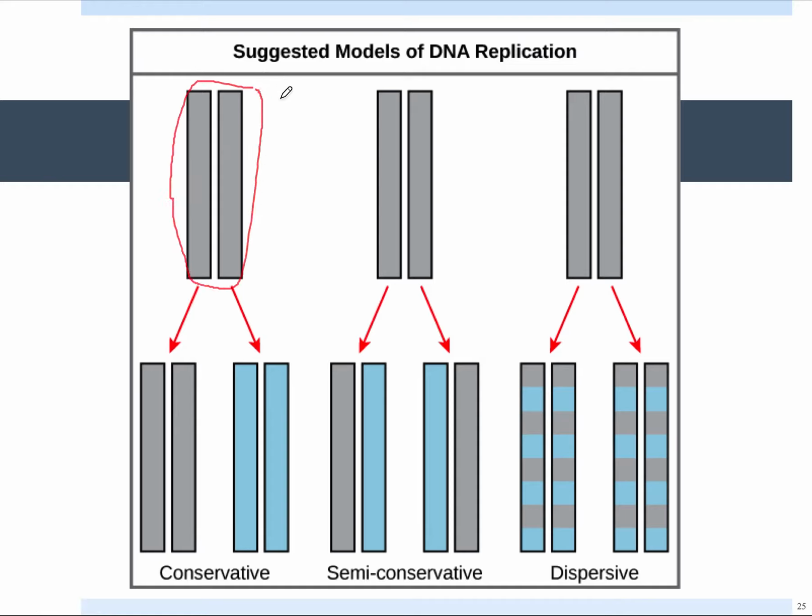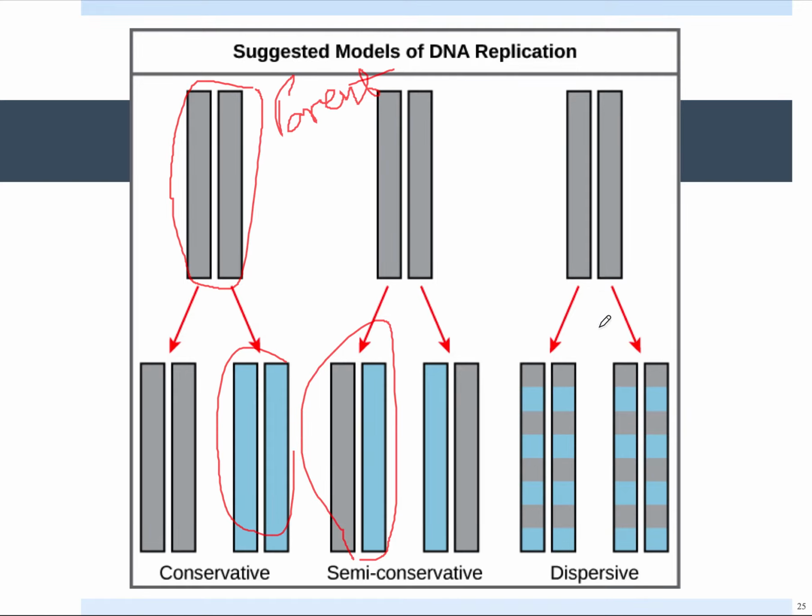Okay, so this is parent, and it would then be maintained in one offspring, so that the one offspring will be the exact copy of the parent, and then new copies are made and they go into a separate cell. Okay. The other was that each of them will become a template and then be copied. A complementary strand of each of them will be made, and then they will enter into new cells separately.